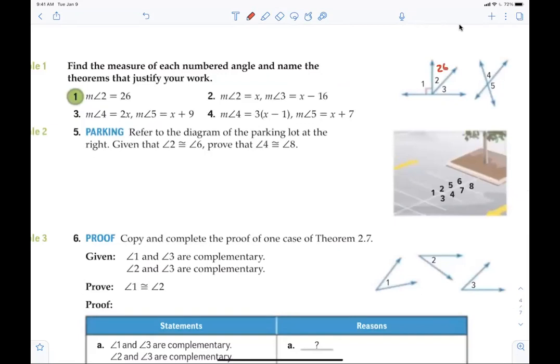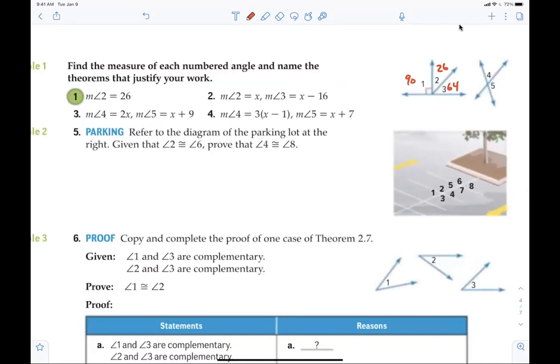Then what can we say about angle 3? 64 degrees. And then angle 1 is what? 90. I don't care about naming all those things. I just want to make sure you can do it. So that's number 1.